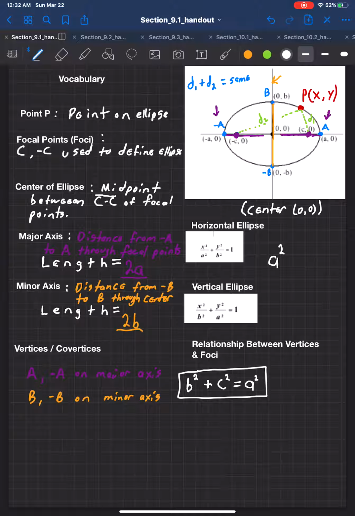If you would have taken the same circle but now stretched it vertically, you would expect to find that the larger denominator is under the y squared.